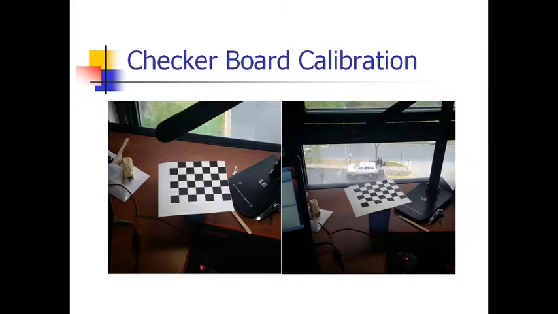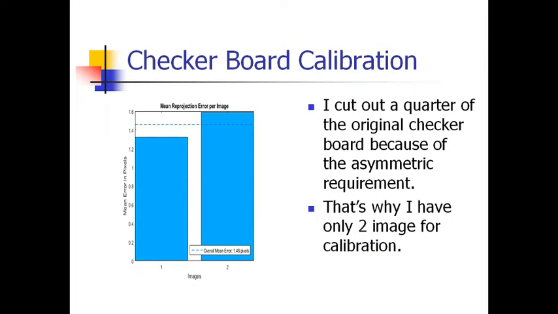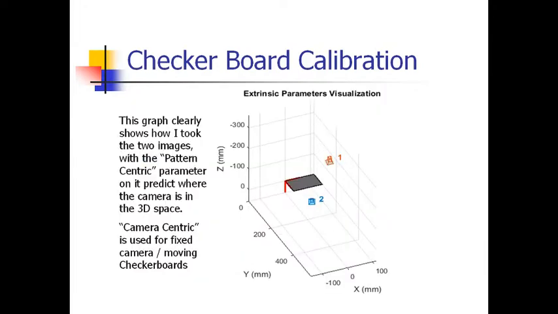In this picture, I only have a square printed on A4 paper, with a square size of 19 millimeters. That's very small, like 2 centimeters, so it has a large mean error in each pixel.